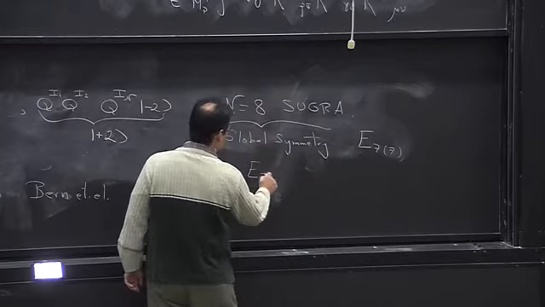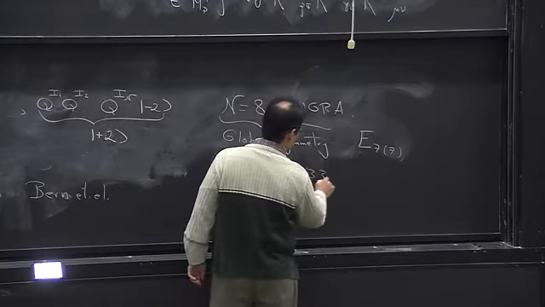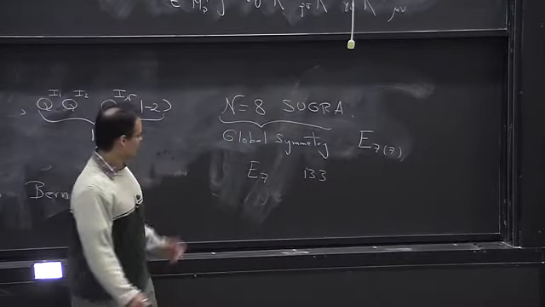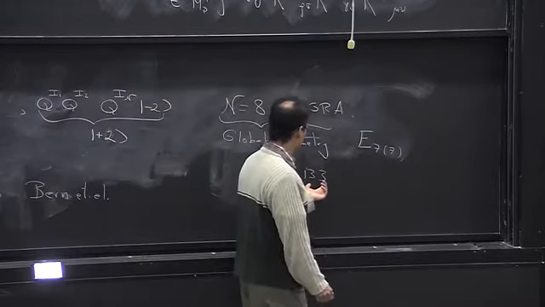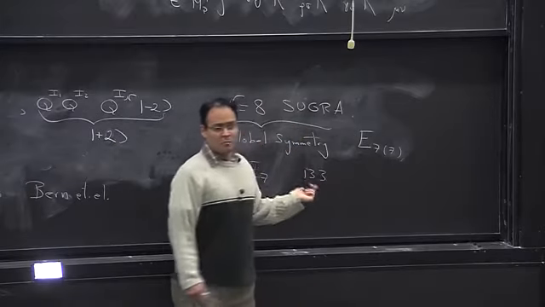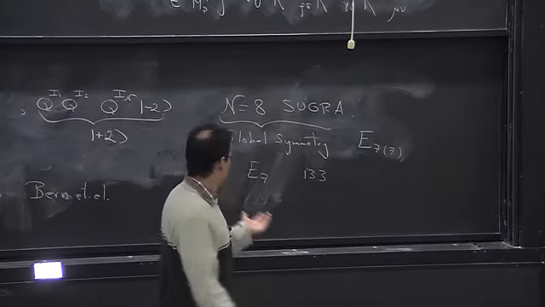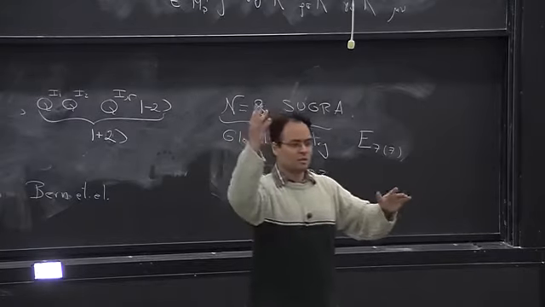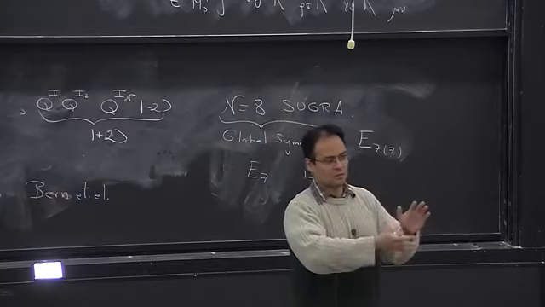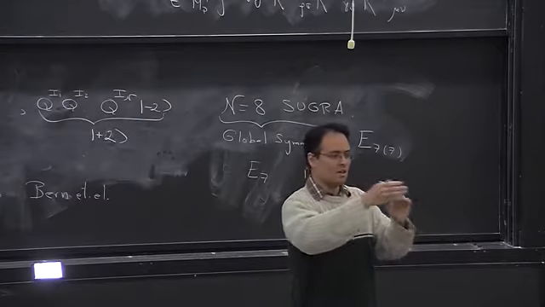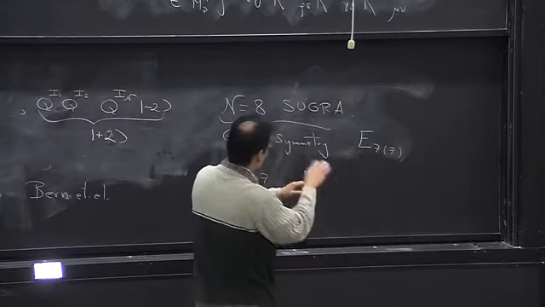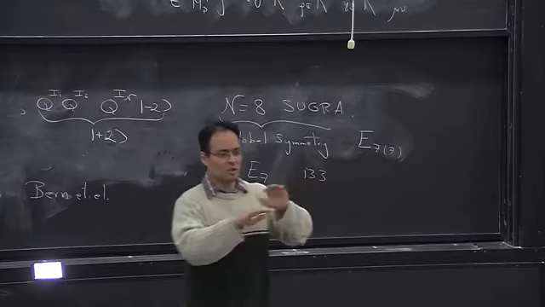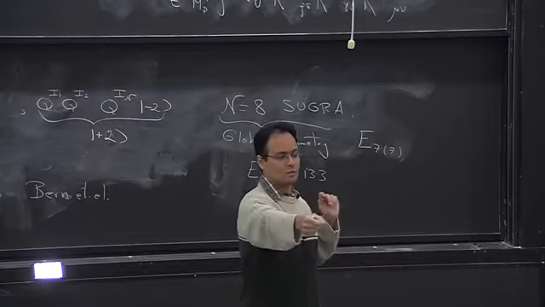Well, E7 is an algebra that has 133 generators, as you remember from last time. Now, as a complex Lie algebra, there is only one Lie algebra, but you can choose several different real sections. You can choose some of the generators to be purely real or purely imaginary. And depending on what you choose, some directions will be compact and some directions will be non-compact.